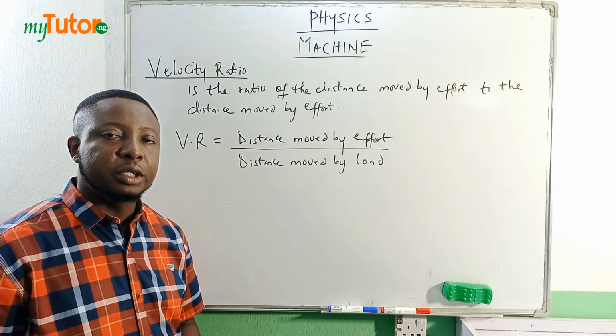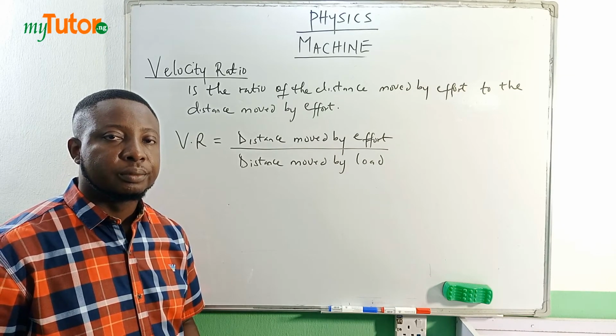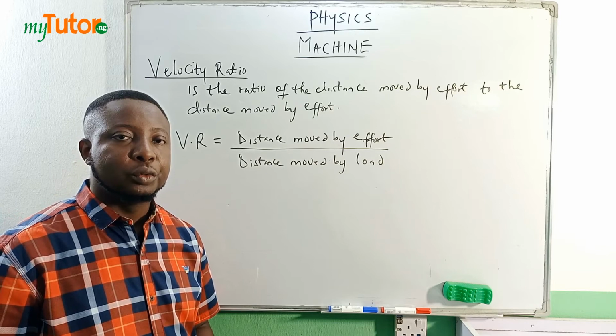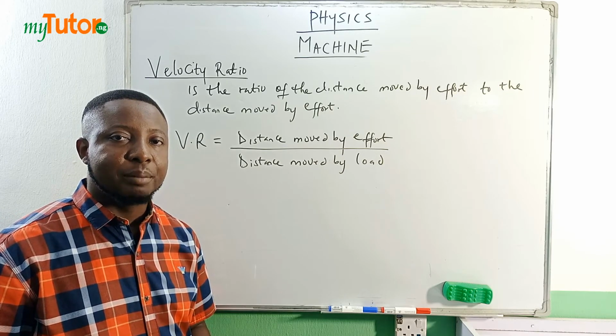And since it's a ratio, it has no units. So in the next section, we're going to be discussing the efficiency of a machine.